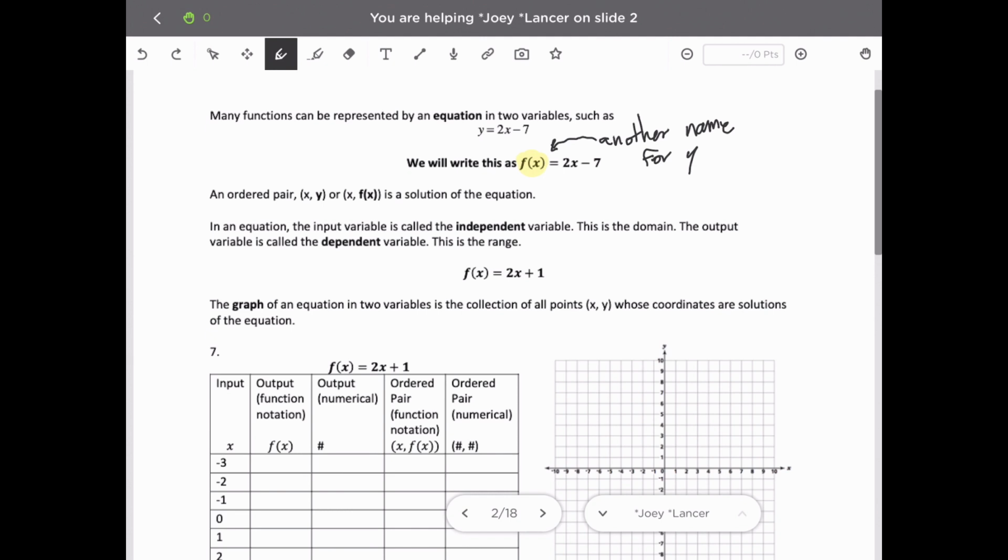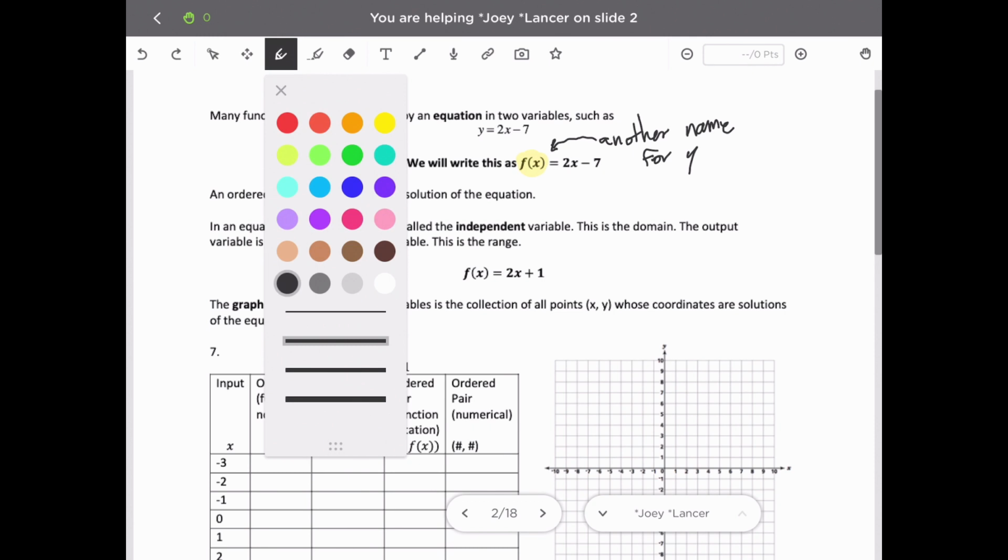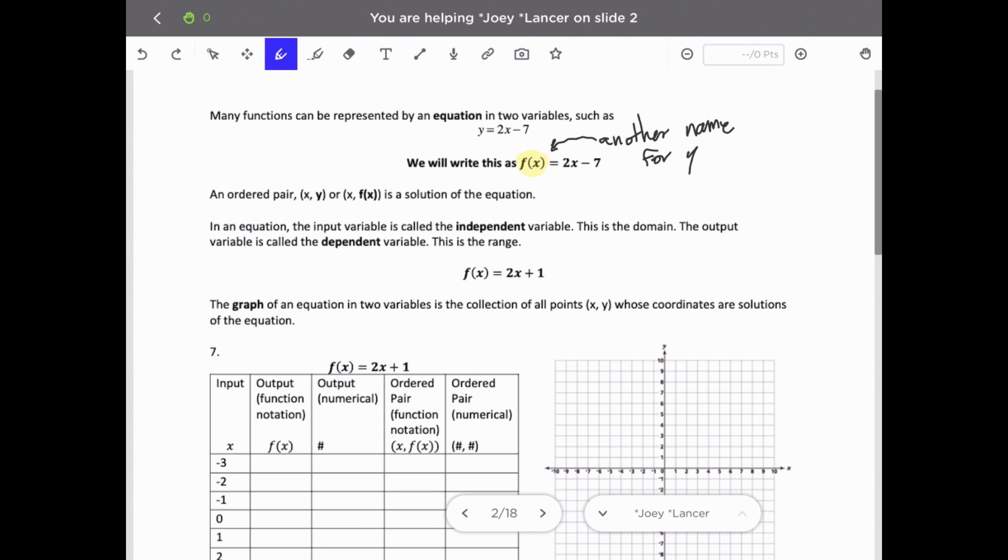So what we're saying is when we put a value for x in there, an x value, let's say we put the number 1 in there, that's our input. And when it varies, when it's a variable, it's called an independent variable.